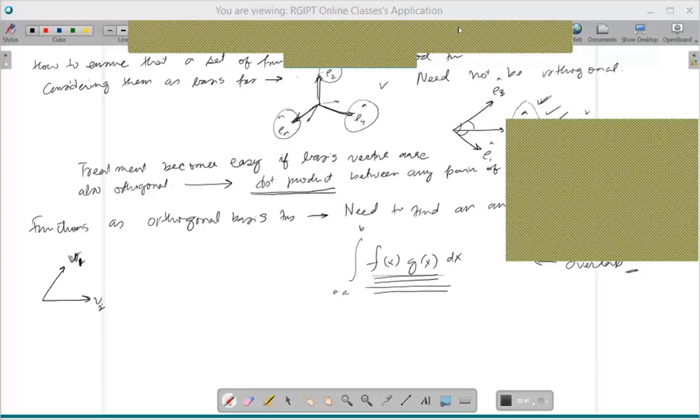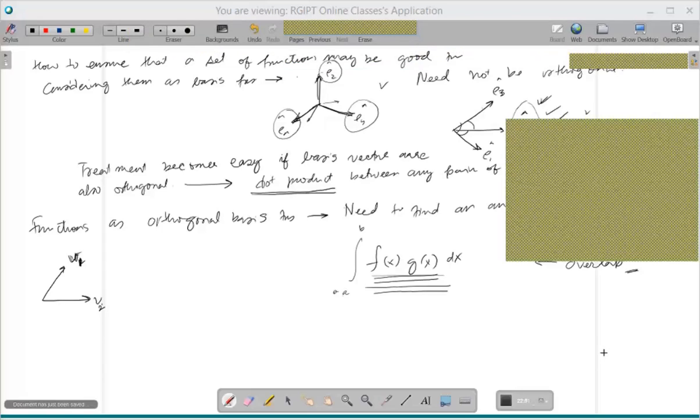Checking orthogonality using series. Which series? What do you mean by series? How do you check using series for functions?